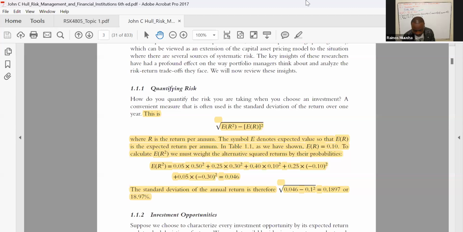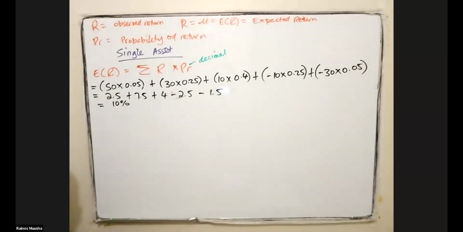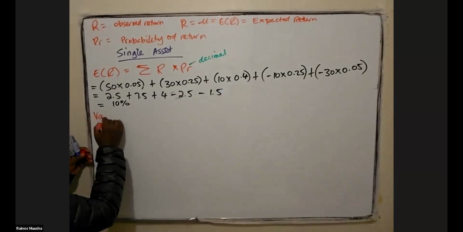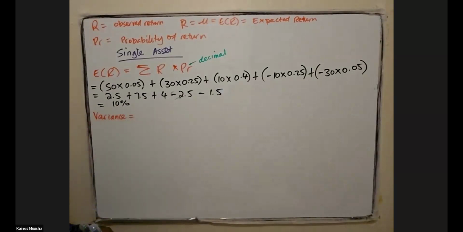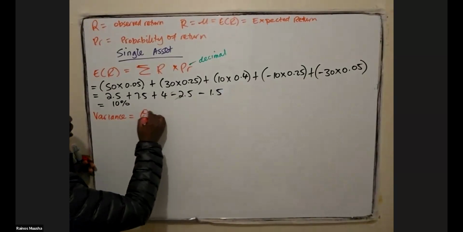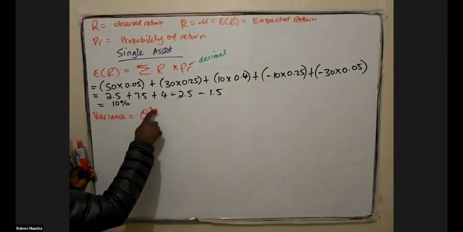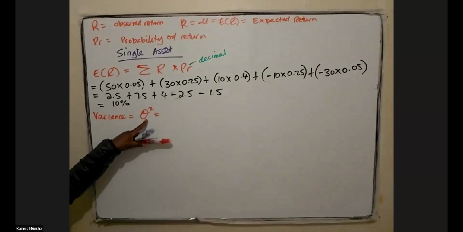So generally, your variance, the variance, which sometimes is represented by this notation with a 2 on top. So whenever you see this notation with a 2 on top, it means you are referring to volatility.